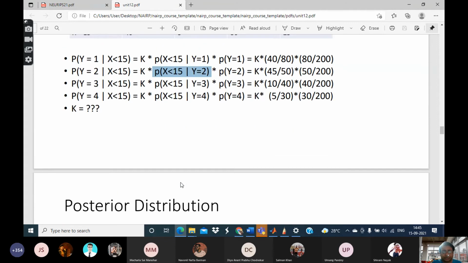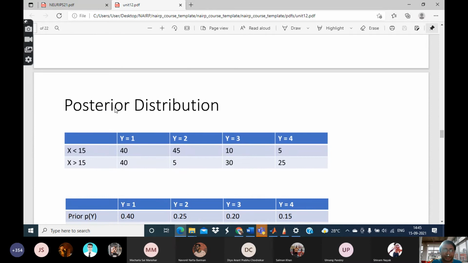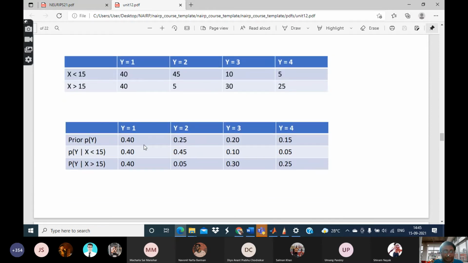Once I have solved the value of k, whatever that value of that constant is, I can just replace the value of k here, and I will get all these probabilities exactly. Okay. So once I have got all these probabilities, I have got the posterior distribution of y which I wanted.